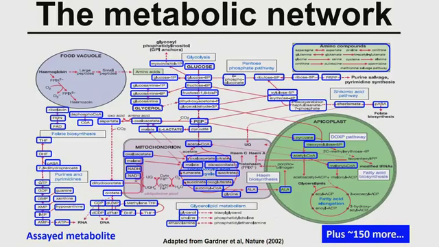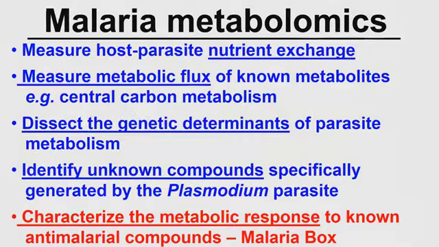These databases are increasing in size, so depending on what access and instrumentation you have, obviously the numbers that you're measuring are variable. But the point is that we measure central metabolism very well in a diverse set of pathways that are obviously important to the parasite for its development.